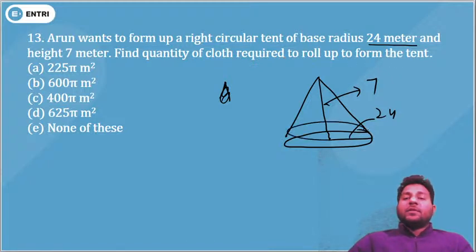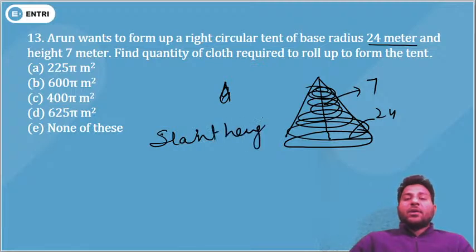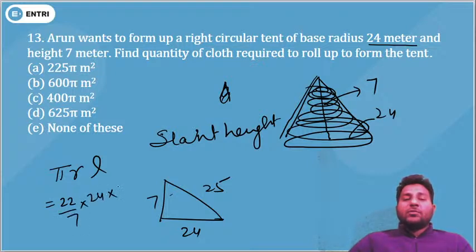Look, if you want to roll the cloth like this, you need the slant height, because this slant height will be in use. So let's use Pythagoras, 24, 7, which means it will be 25. Now let's use pi r l to find out the answer. 22 by 7 into what? 24 into 25.